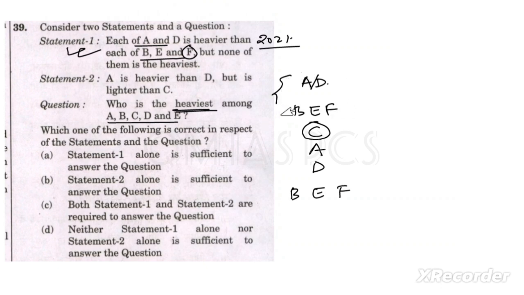Because this is the statement 1, and it is clearly given that none of them is the heaviest. So based on the statement 1, we are not getting the answer. Okay, if you follow statement 2 only, it is given that C is the heaviest among A, D and C. About the B and E, it is not given in statement 2, right?